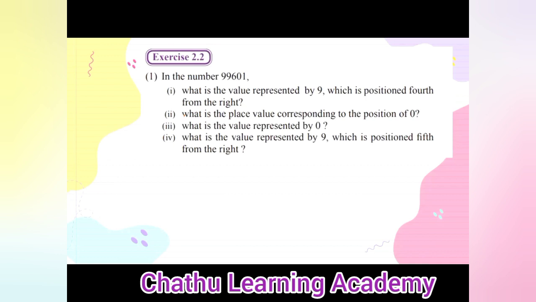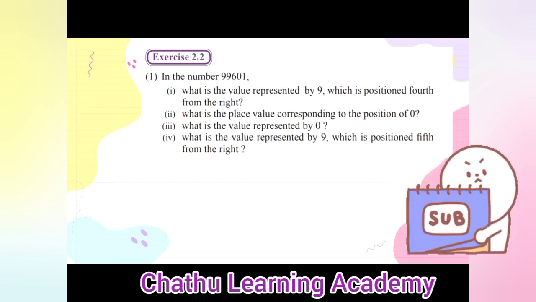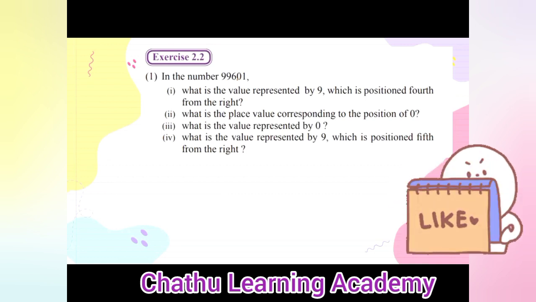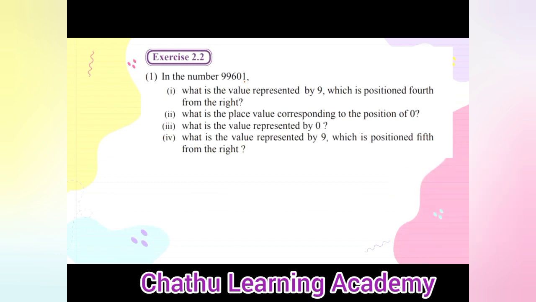Now I will explain question number 1 in exercise 2.2. Here they have given the number as 99,601. What is the value represented by 9 which is positioned 4th from right? From the right side, we want to find the 4th one. 1, 2, 3, 4. Then here, this is the selected digit.